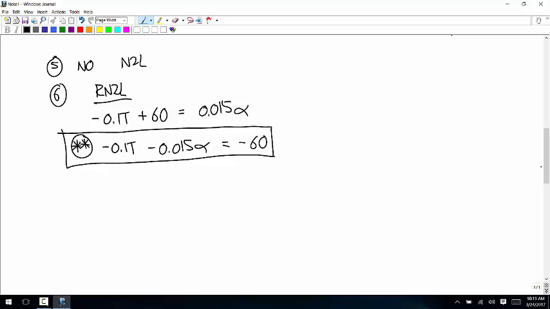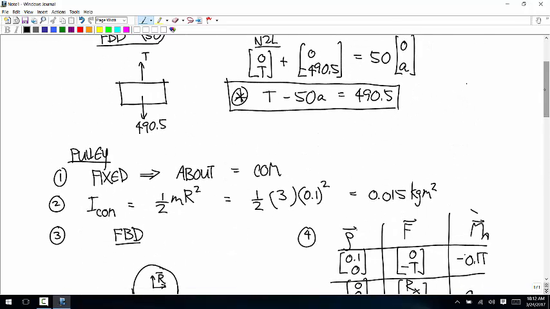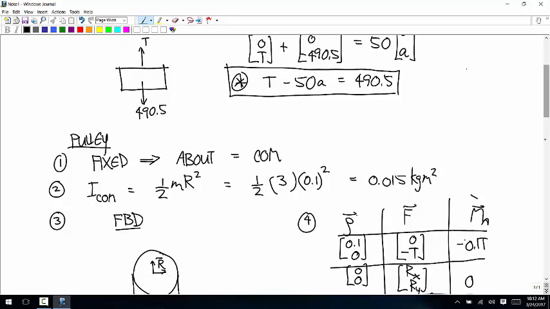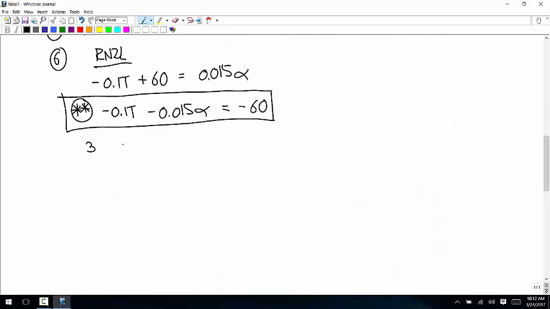Okay, so now we have two equations and how many variables? T, A, and alpha. And so now we have to relate A to alpha.